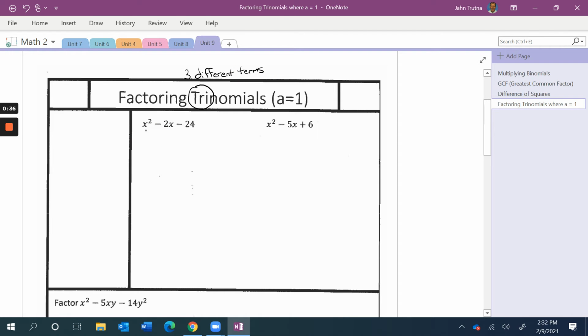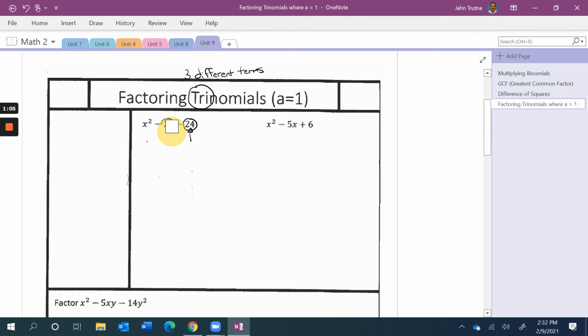For instance, if I looked at the expression x to the second minus 2x minus 24, notice that there are three different terms in that expression. We have the x to the second term, the 2x term, and the minus 24 term.